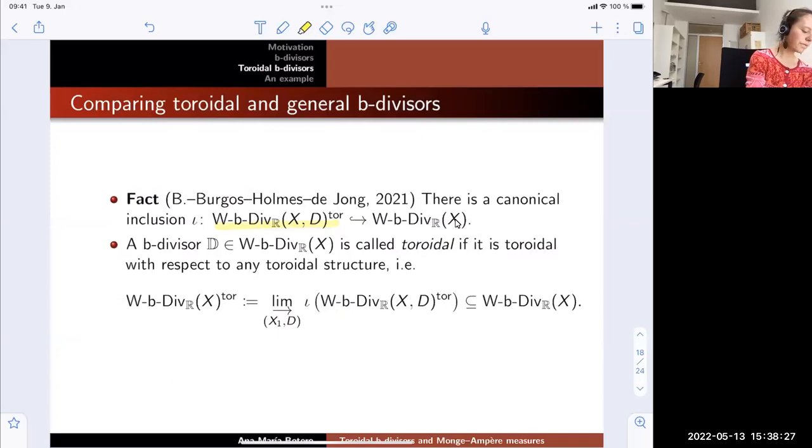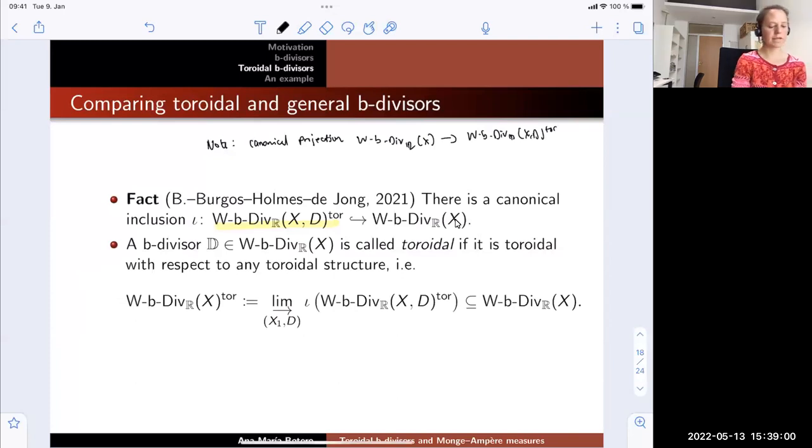Note here that there is actually a canonical projection, but going the other way around, from the set of Weil b-divisors to the set of toroidal ones for one fixed toroidal structure.